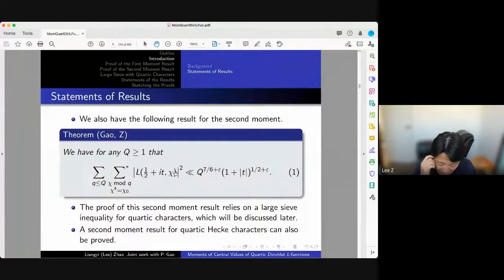As I said earlier, a Hecke character is a generalization, or rather an extension, of a Dirichlet character. Instead of looking at homomorphisms from (Z mod QZ)* to C, we're looking at homomorphisms from, say, cosets over the quotient ring of some integer ring, right?